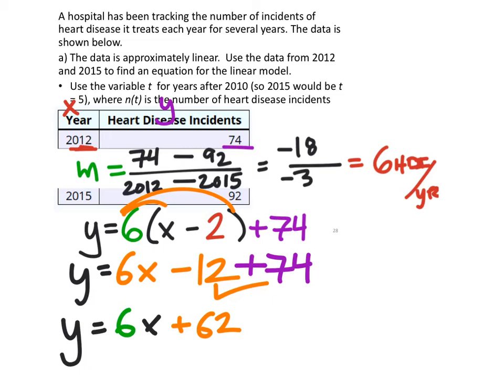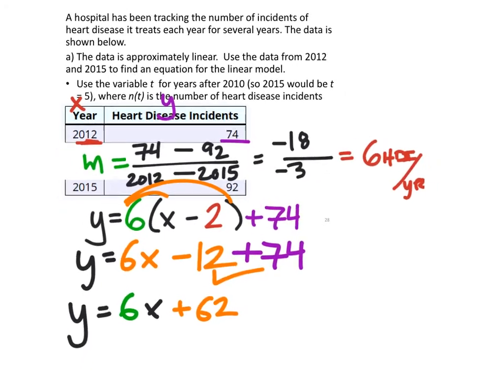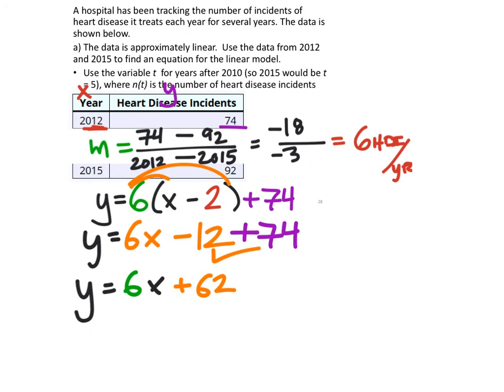Now, again, this is general slope-intercept form, but it wanted us to write this as a linear model, a function. So the N of t, that's the y value. It's now N of t, which equals, and the slope is still the same. It's 6 heart disease incidents per year.